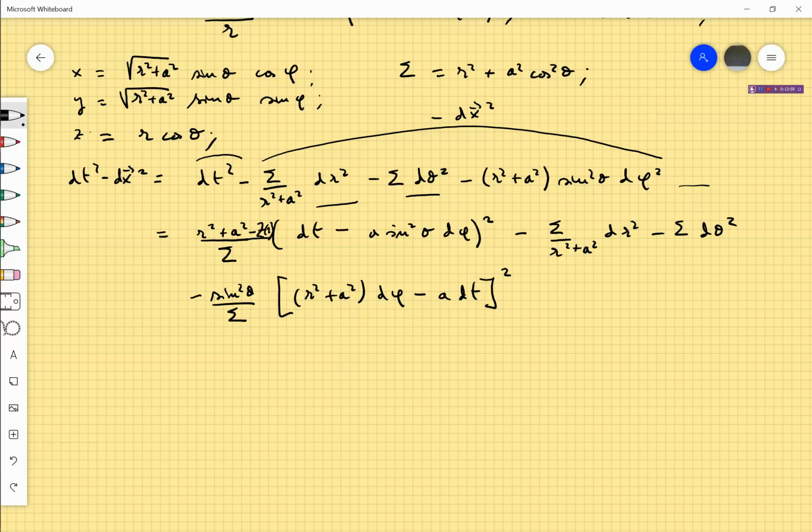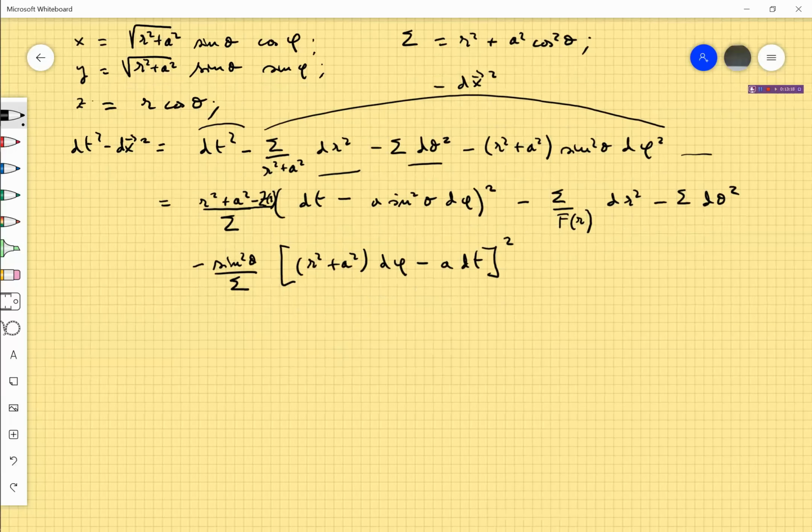This is equivalent to changing this by an arbitrary function, and here you replace this r squared plus a squared by some other function of r, and that's all. Then you can again calculate and rewrite this metric in this form.